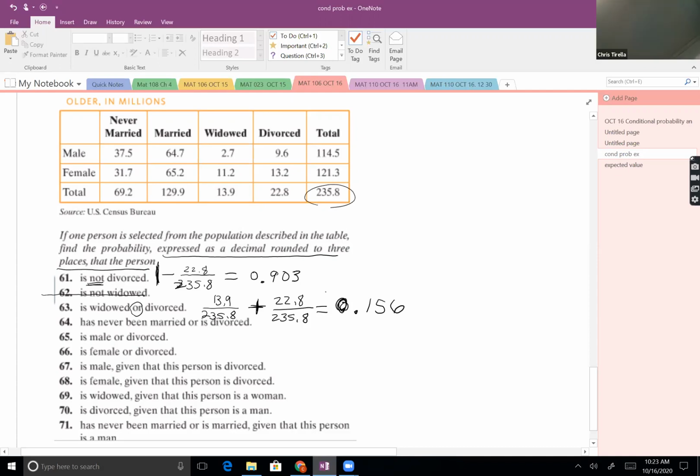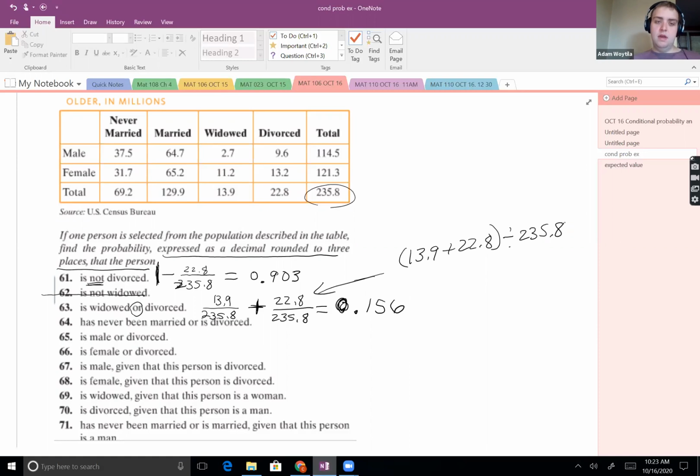Adam, when I type this in, because those two fractions have the same denominator, I'm going to add the numerators in parentheses and then divide it by the denominator. I keep getting 1, 3, 4, 4 though. So how did you get? Everybody else in the room, what are you getting? I got 0.1556, that's going to round up to 0.156. Adam, check what you typed in.